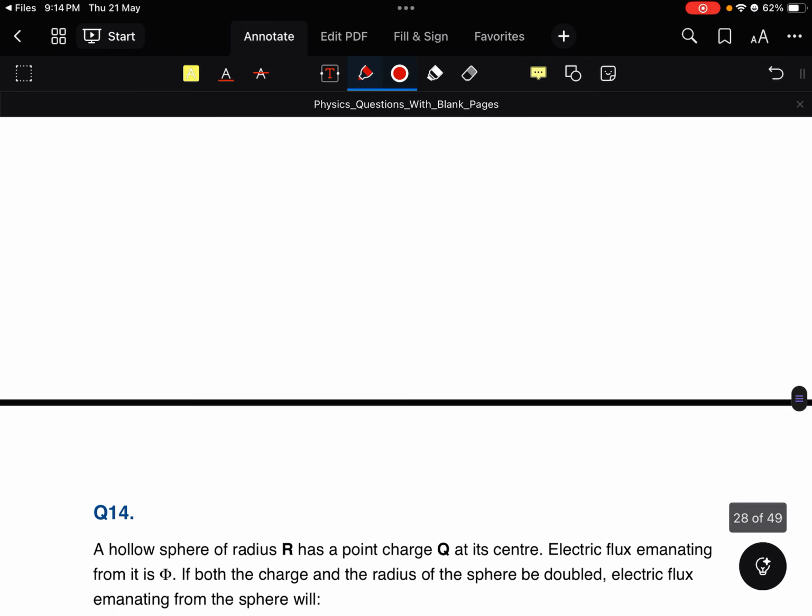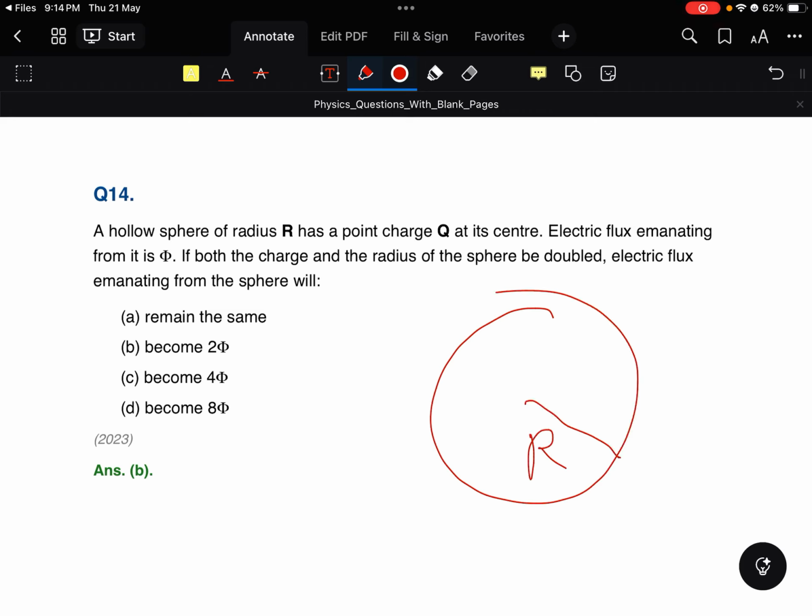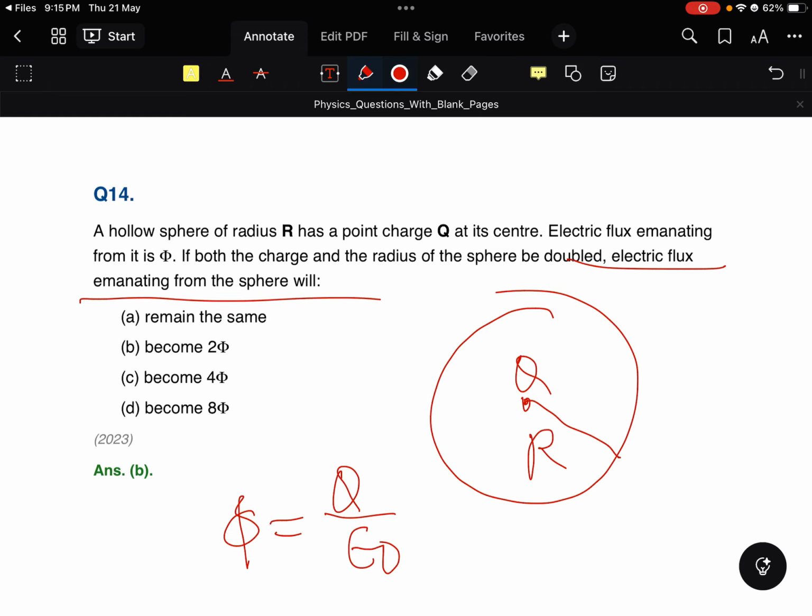Then question number 14. You can see here. A hollow sphere of radius r has a point charge q at its center. This is the sphere, its radius is r and charge q is kept at the center. Electric flux emanating from it is phi. So phi equals q upon epsilon naught. If both the charge and radius of the sphere are doubled, what will be the effect on the electric flux?